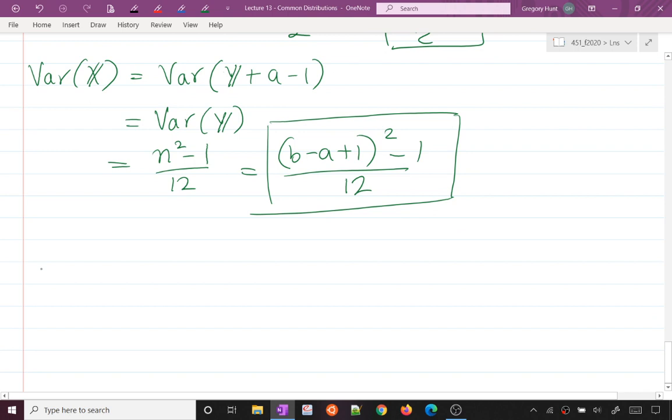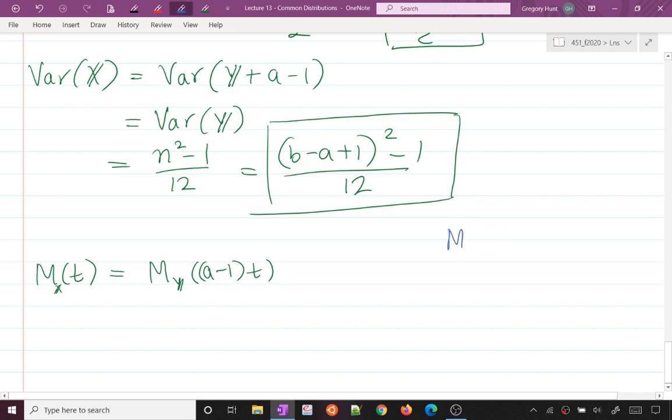And you could similarly generate the MGF for x, so M_X of t. Last time, at the end, we had a theorem that said this would be the moment generating function of y evaluated at a minus 1 times t.